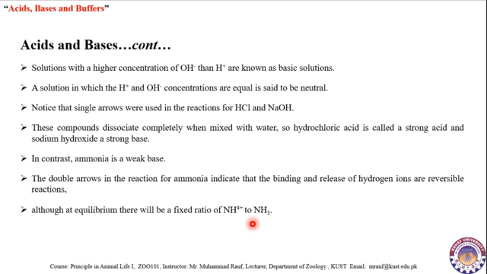Dynamic equilibrium means when the rate of forward and backward reaction is the same, then the concentration of the ammonium ion and ammonia will be the same or in a fixed ratio.